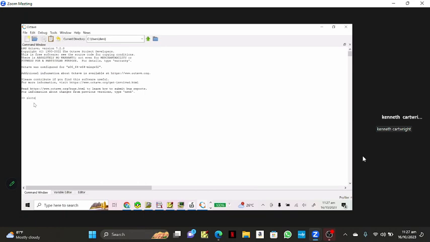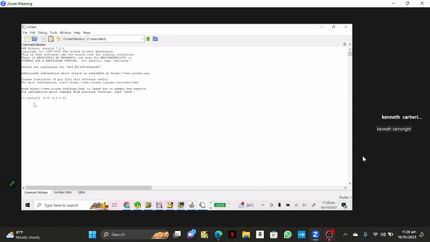Roots of the polynomial. Square brackets, I think I need. Okay. 1, negative 0.9, negative 0.4, and then 0.3.